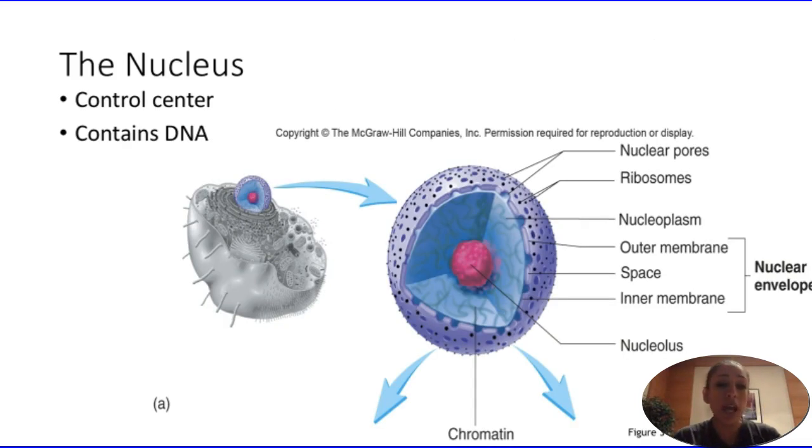So let's do a little recap on the organelle of the nucleus. Remember, the nucleus is the cell's control center, and that is where the genetic code, aka the DNA, is maintained. When the DNA is very loosely coiled, that's known as chromatin.